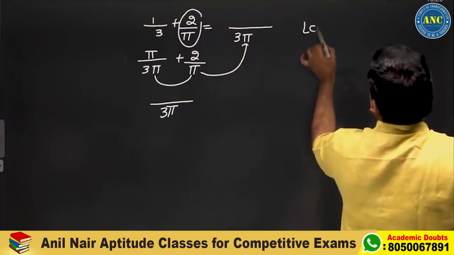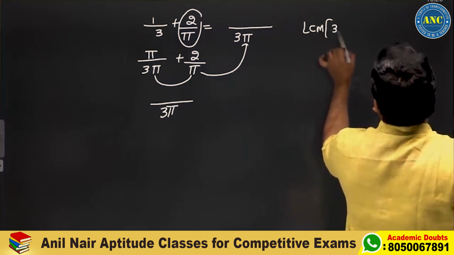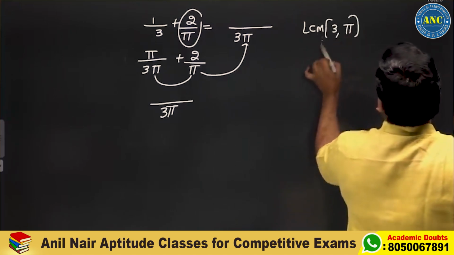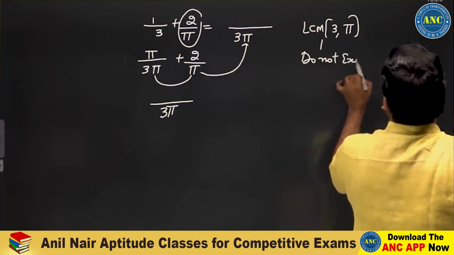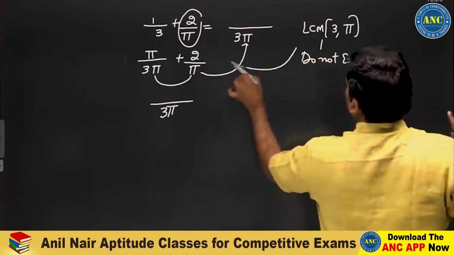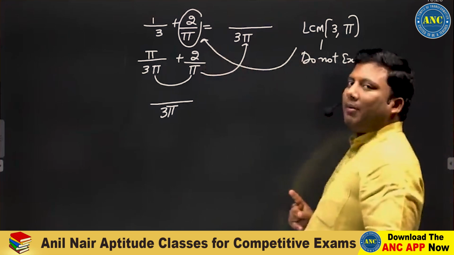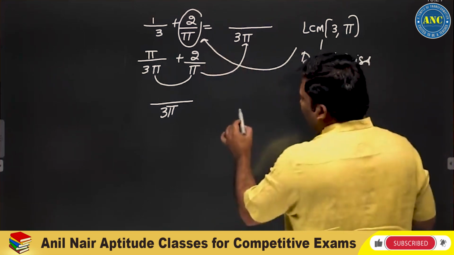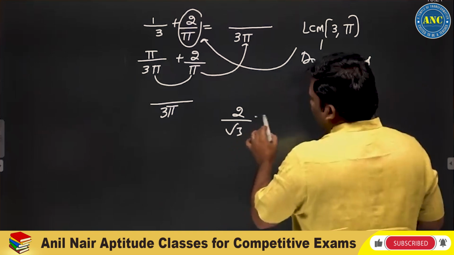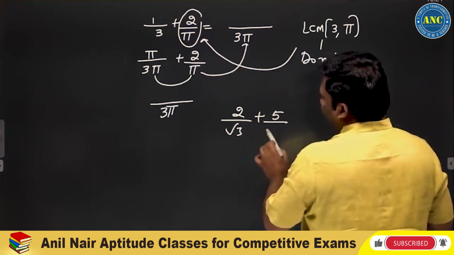His doubt is, sir, I am referring to a book. It is written that LCM of 3 comma pi does not exist. LCM of 3 comma 5 does not exist. But in this question, whenever I am doing it, I am taking... now I hope it is clear. So 2 by root 3 plus 5 by 2.